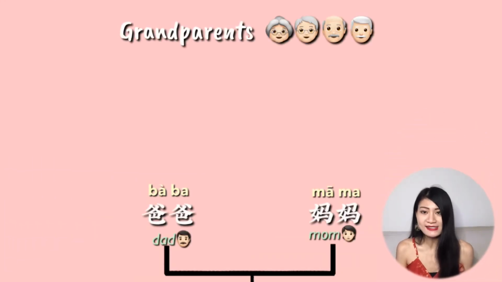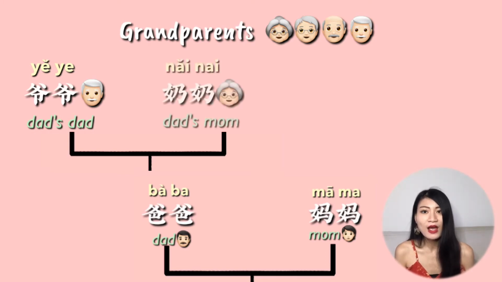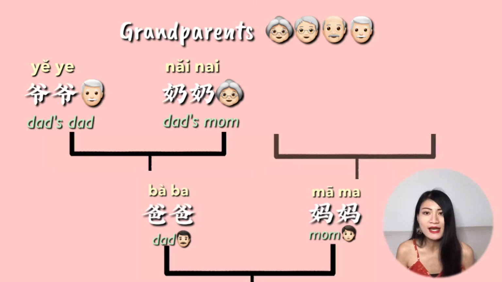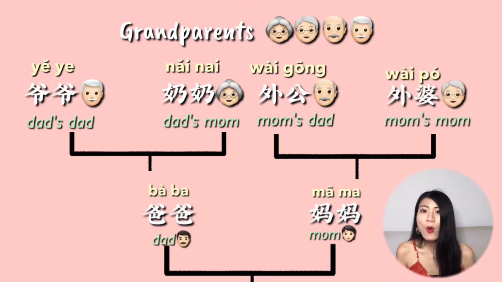For our dad's dad, we will call him 爷爷. 奶奶 is dad's mom. And for mom's parents, we will call them 外公, mom's dad, and 外婆, mom's mom.